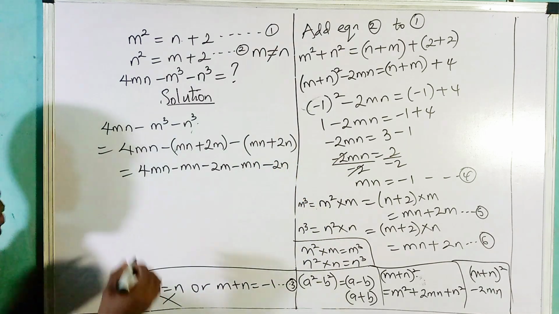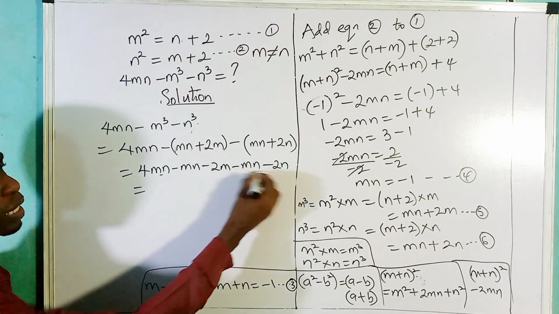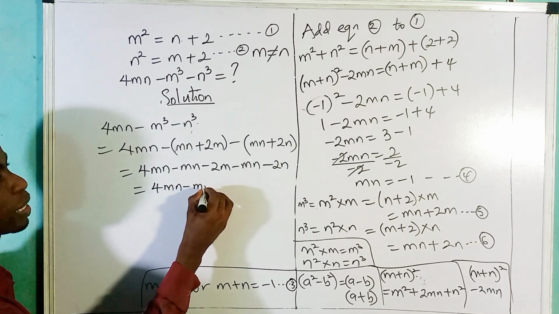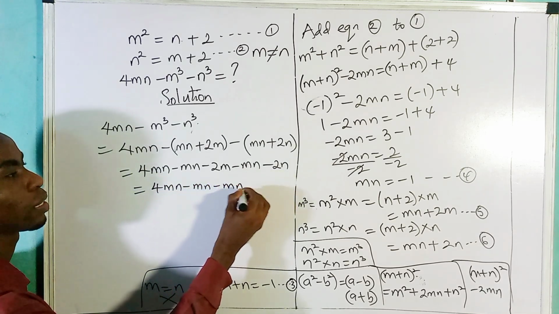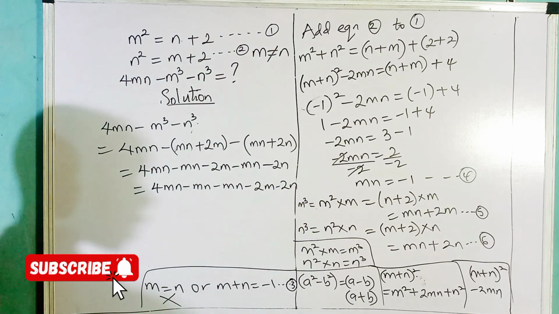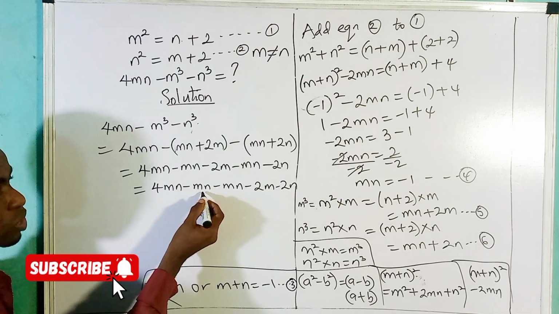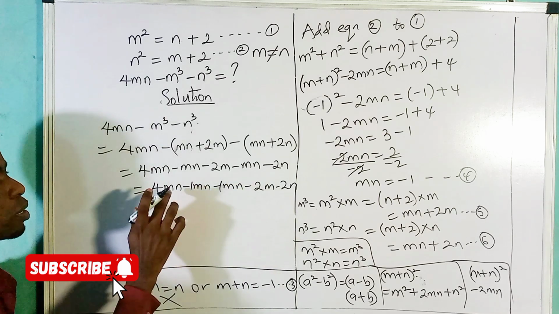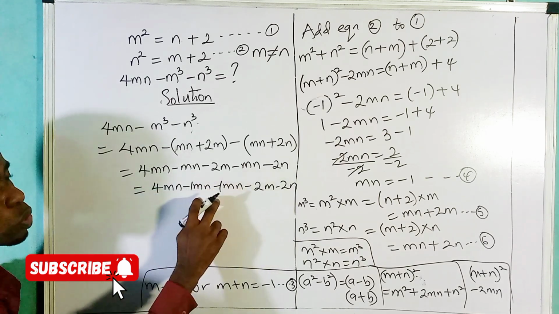So let's collect like terms. mn, they are like terms. So 4mn minus mn minus mn minus 2m minus 2n. All that's clear. 4mn minus mn, this is 1mn and 1mn, right? 4 minus 1 is 3, 3 minus 1 is 2.